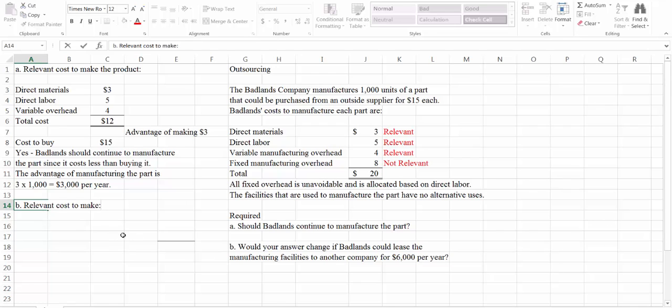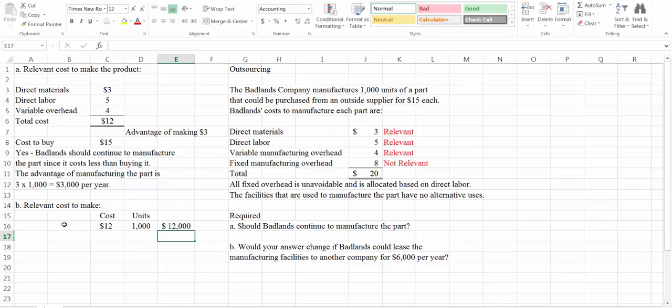We're going to have our units here and our cost per unit. Okay. So our cost per unit is 12. We have 1,000 units. And so that gives us 12,000 total relevant costs to make.